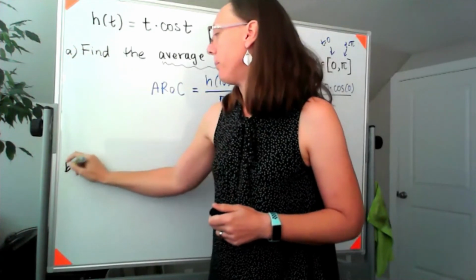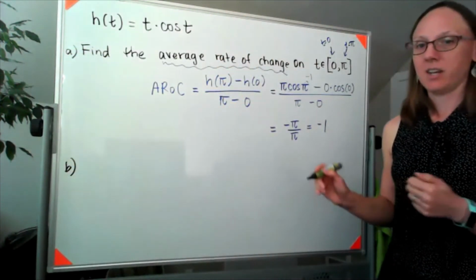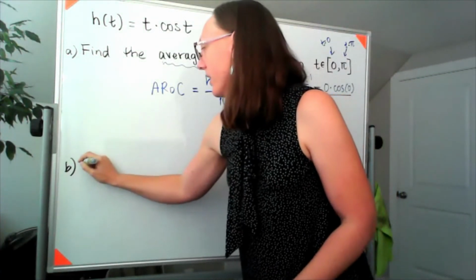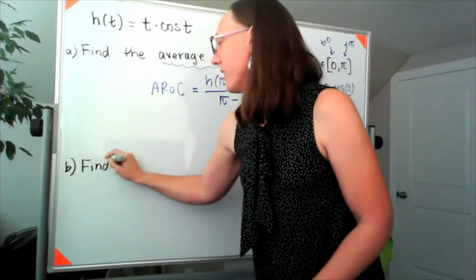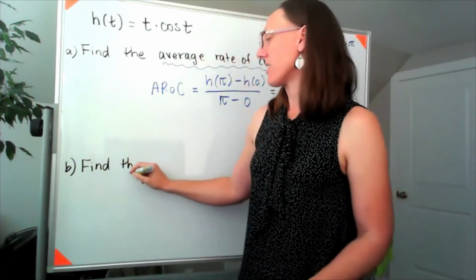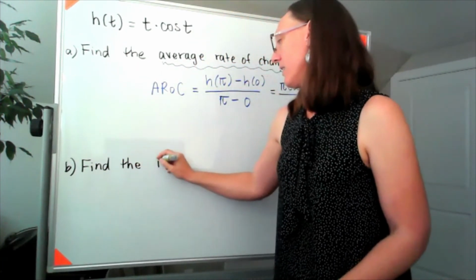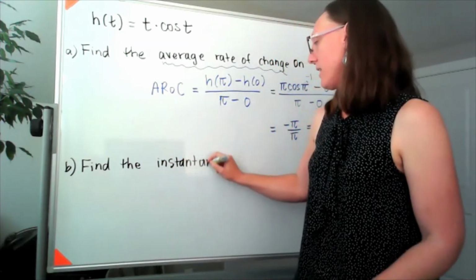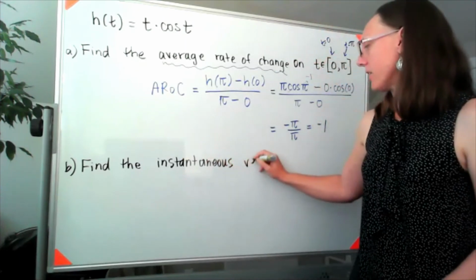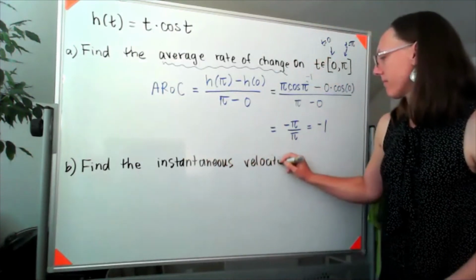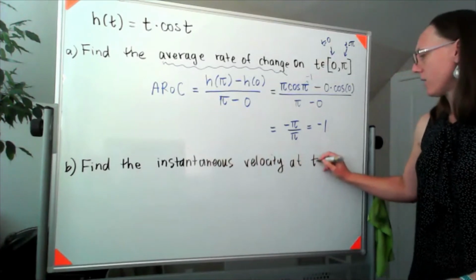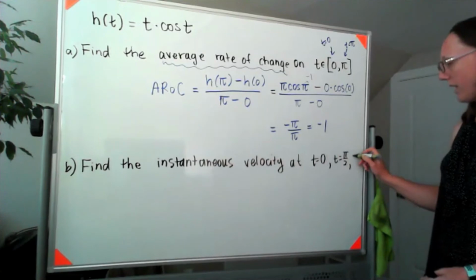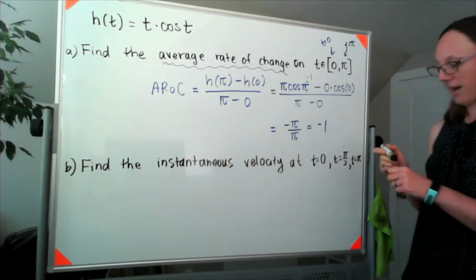Now part B of my question, I want to know what the instantaneous velocity is at t equals 0, t equals pi over 2, and t equals pi.